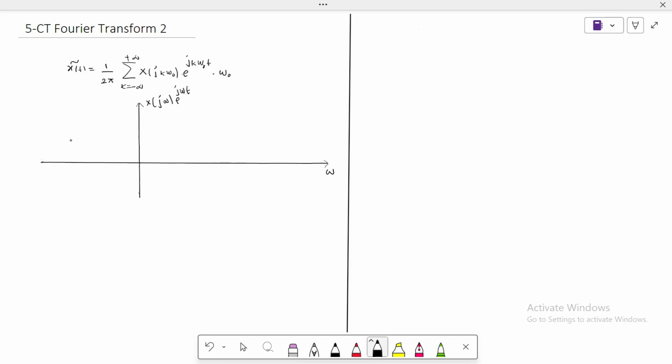For example, I'm assuming this value equal to k into omega naught, and this value equal to k plus 1 into omega naught. Omega naught is a constant, and k omega naught belongs to the omega variable.